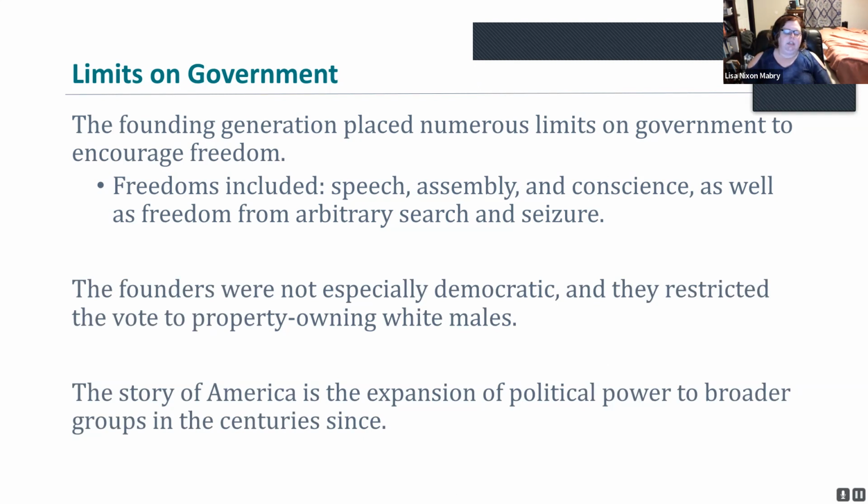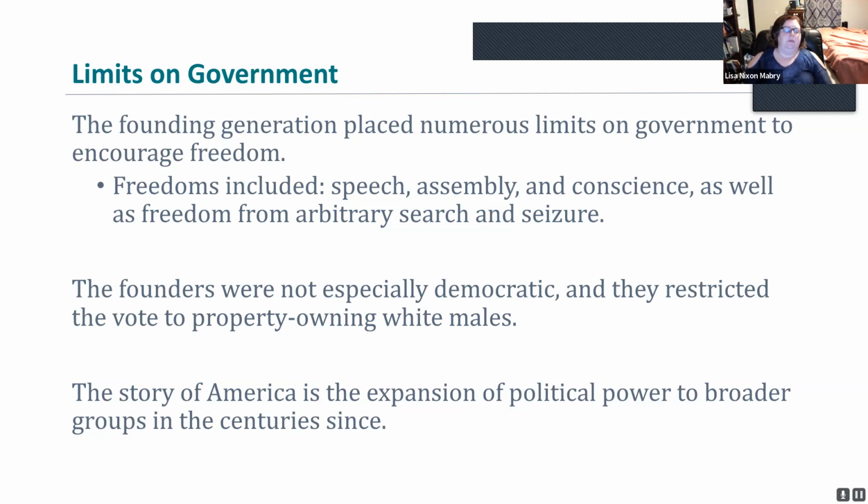Because things were so micromanaged and controlled by the king, the founding fathers wanted to make sure that that didn't happen again, and that there were limits where the government encourages levels of freedom so that the people felt like they had a say and weren't oppressed from being able to speak their truth, basically.